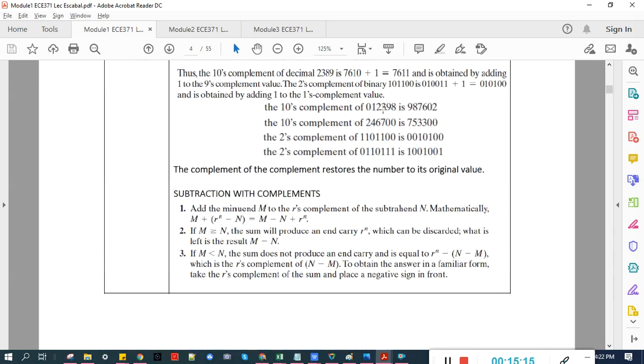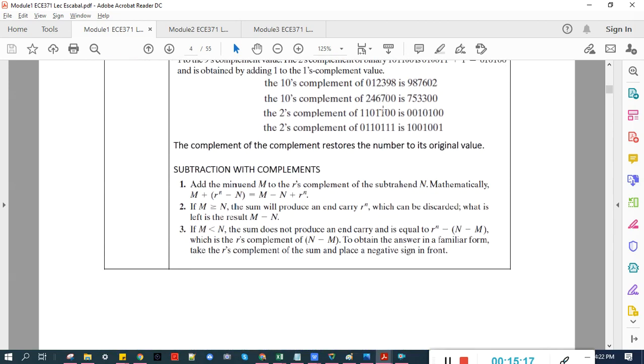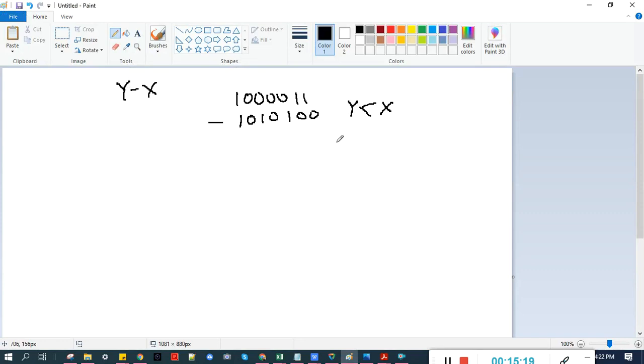What are we going to do? Still the result, y minus x, is equal to y plus the 2's complement of x, which is r to the n minus x.